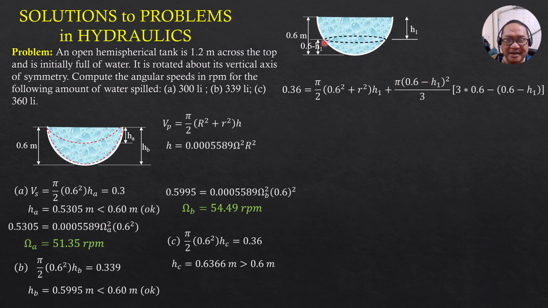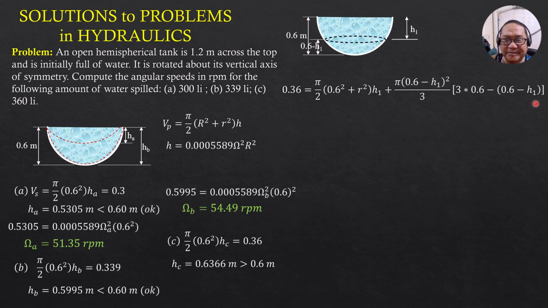The height of the spherical segment of one base is 0.6 minus h1. So we have 0.6 minus h1 square, then quantity 3 times r, 3 times radius of the great circle, which is 0.6 minus height of spherical segment of one base, which is quantity 0.6 minus h1.